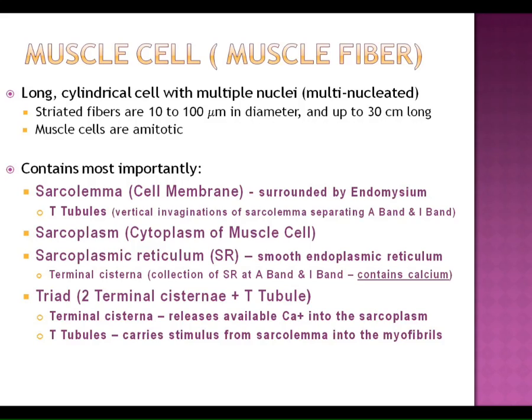So I have a description here. Each terminal cisterna is going to release available calcium into the sarcoplasm. The T-tubule will carry that stimulus from the sarcolemma. And how did it get to the sarcolemma, the stimulus? From the neurotransmitter across that synapse.